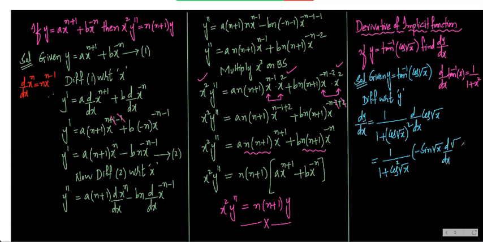This root x, so this answer is minus sin of root x divided by 1 plus cos square of root x into ये root x का डिफरेंशिएशन 1 by 2 root x, this much only.